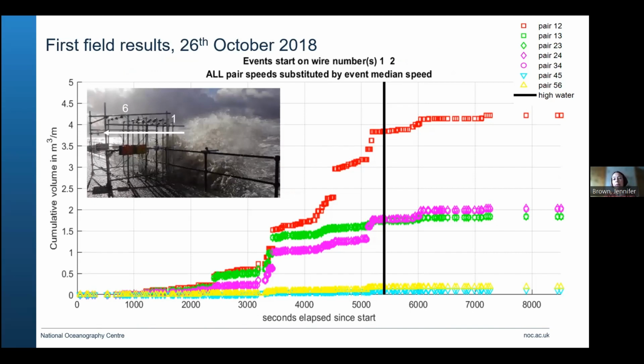So from the wire wall, we can collect the cumulative volume of water that goes over the seawall during a tidal cycle. The vertical black line is showing high tide. So quite a lot of the water comes over during the flood tide, and then a lot less comes over during the ebb tide. So that's a rapid increase in the lines, and then they flatten off.